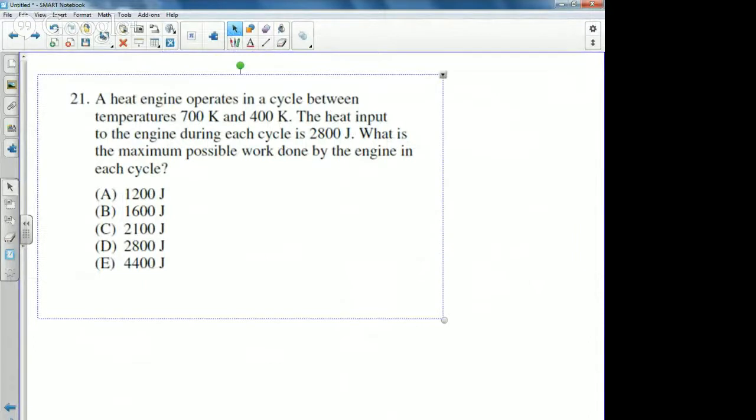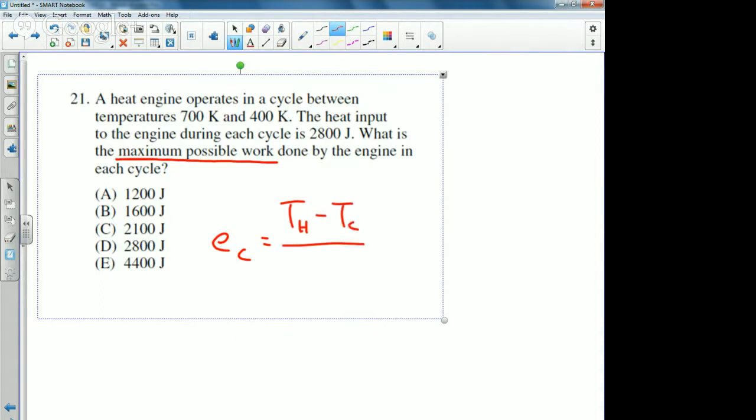Now overall though, in this question, we have a lot of numbers here. We have some temperatures and some energies. But the key word that's important is the maximum possible work. Because whenever they talk about maximum efficiency, or ideal efficiency, or Carnot efficiency, that's Carnot, which is TH minus TC over TH.